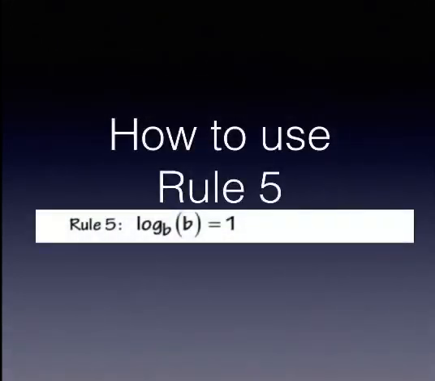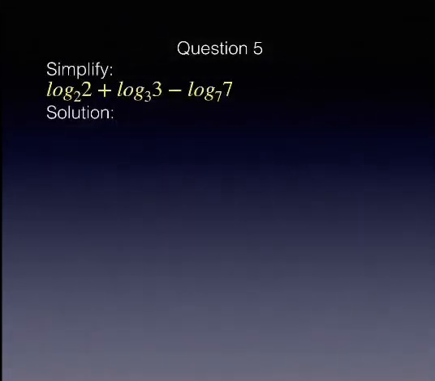How to use rule 5. Wow, okay. Here we can see the argument and the base are the same. Then the outcome is 1. Very interesting. Let's check out. Question 5.